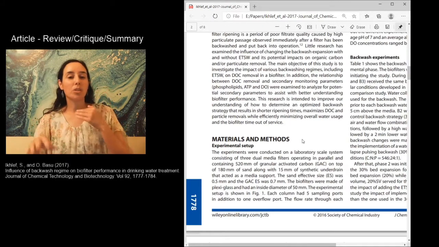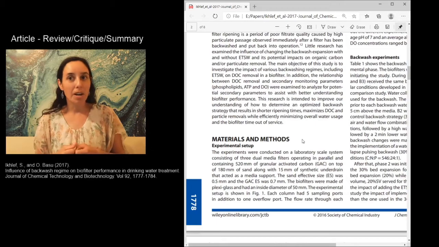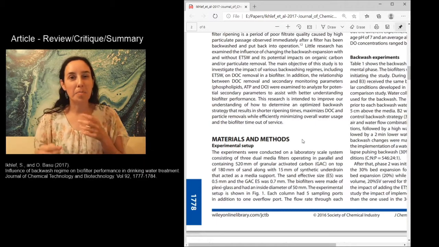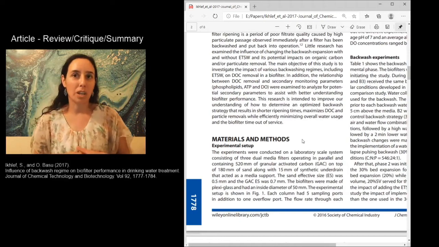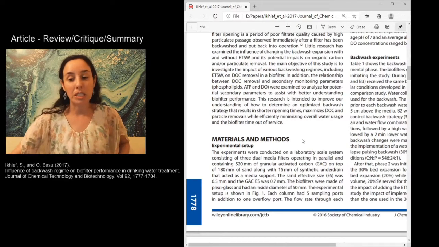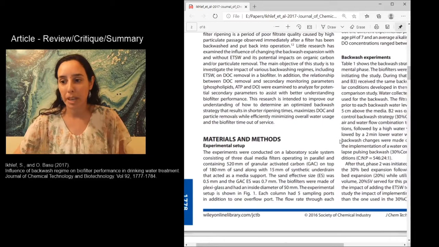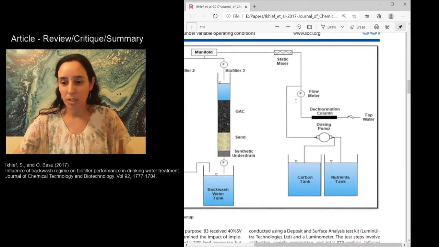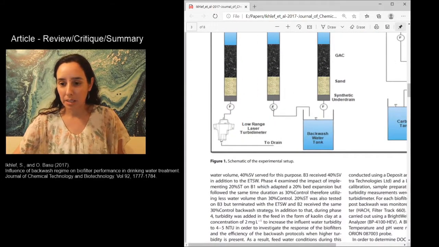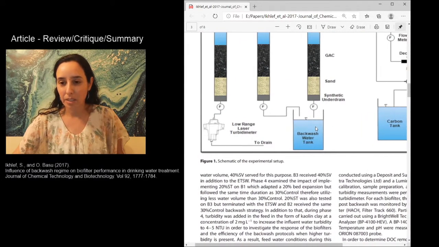If I'm using those techniques in my lab and I'm trying to find information, I might be a little bit more critical of it. But for the purpose of reviewing an article itself, I like to focus on the experimental plan. So you can see here, I've got a list of backwash experiments. In fact, this one has, not here, a little bit farther down.